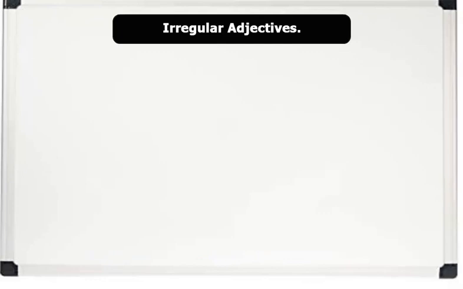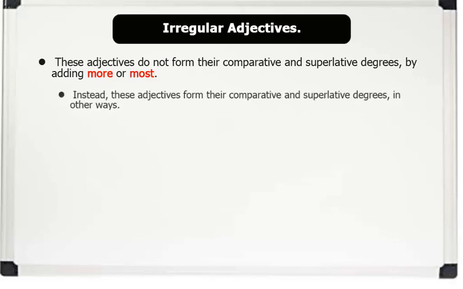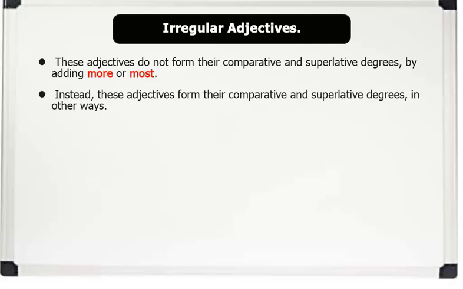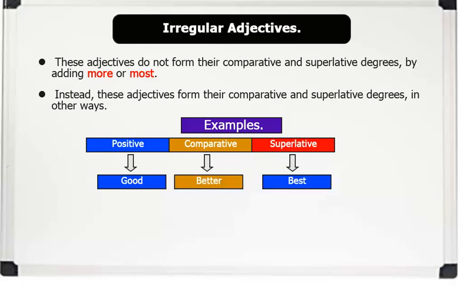Irregular adjectives. These adjectives do not form their comparative and superlative degrees by adding more or most. Instead, these adjectives form their comparative and superlative degrees in other ways. Examples: 1. Positive, good. Comparative, better. Superlative, best. 2.